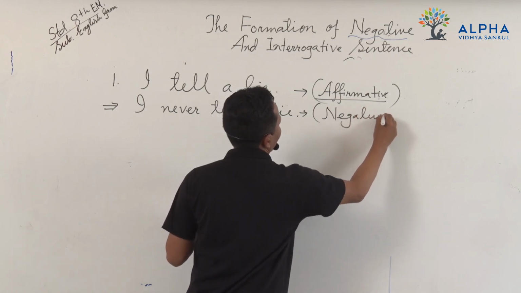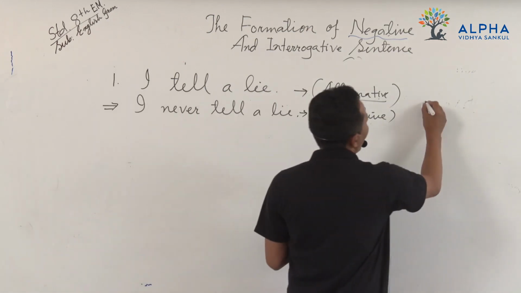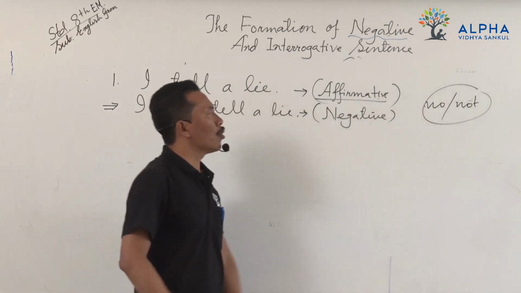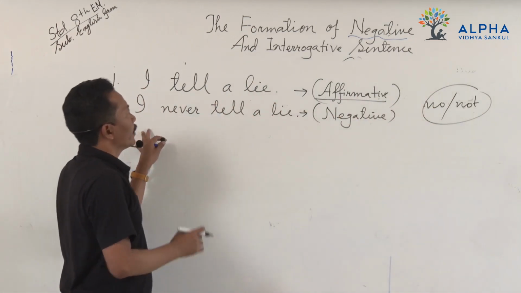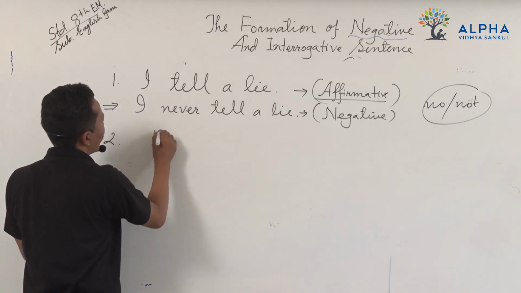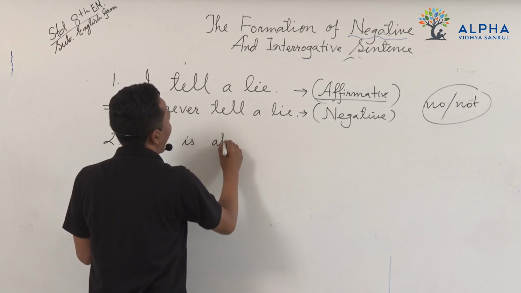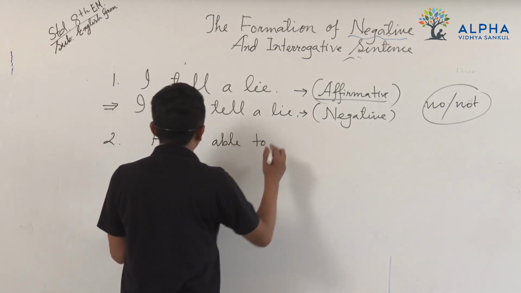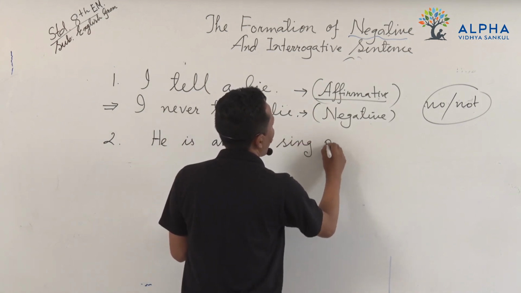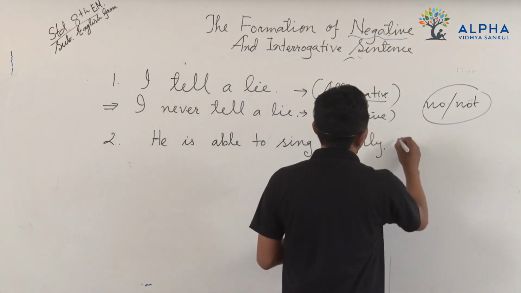This is negative. But without the no and not, without the no or not also, we can make this negative sentence. See, he is able to sing properly. Here this is what?